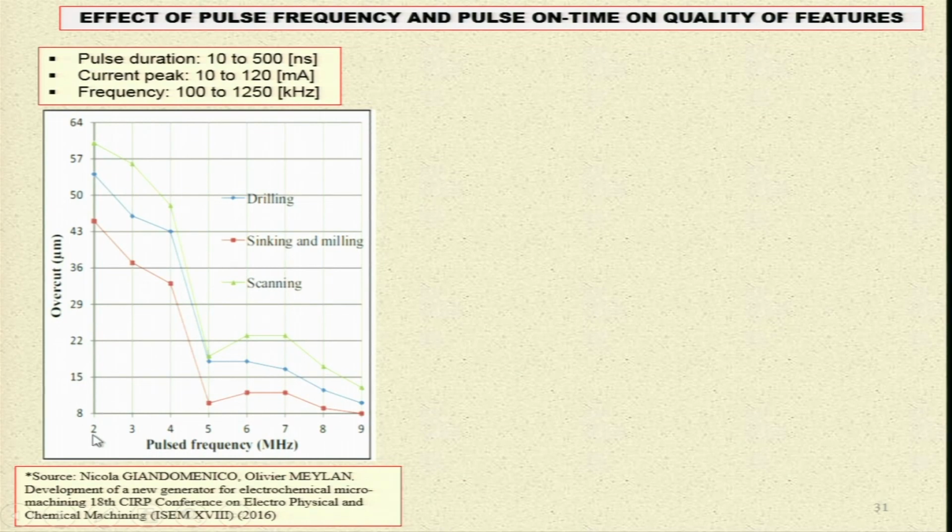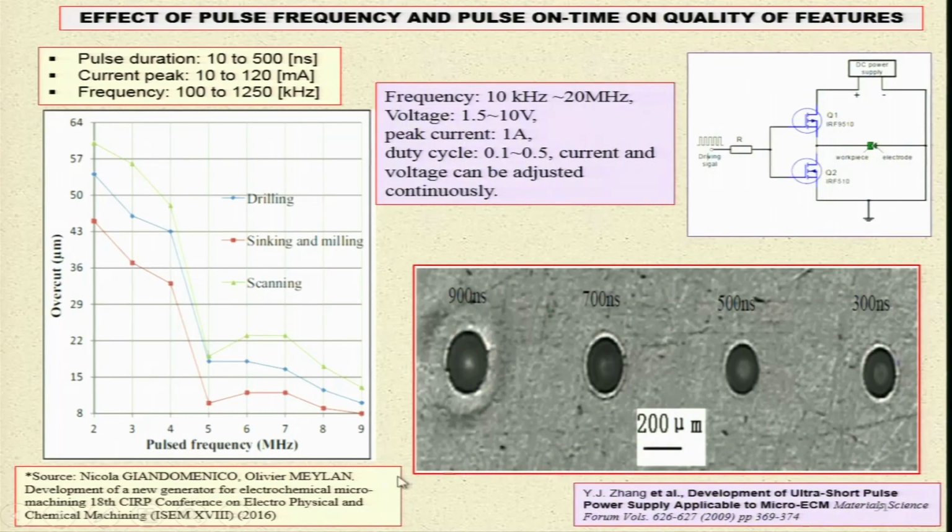If it is low pulse frequency, very high overcut is obtained, and we are not interested in having high overcut. If you go further, it is in megahertz. Beyond 5 megahertz, the overcut is substantially reduced, and at 9 it is further reduced. So, we should have high pulse frequency to get better quality of the textures.